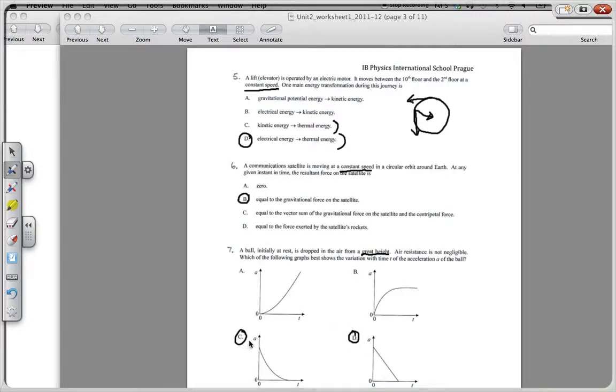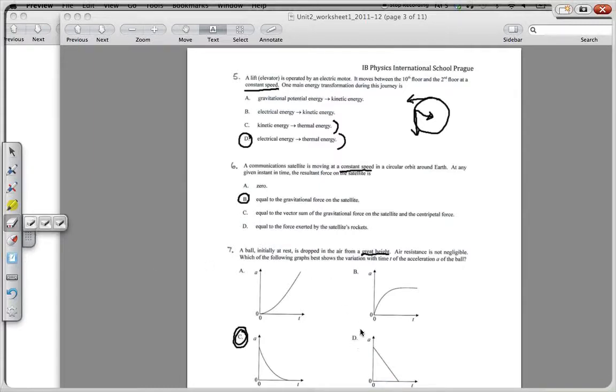Now, when it's first accelerating, it accelerates fast. The air friction is not so high there, so it doesn't drop. But as it gets down here, C would be your correct one. D is not correct.